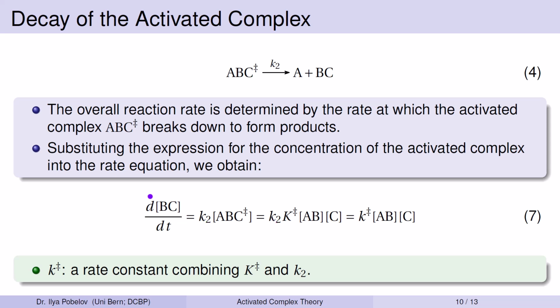So the overall reaction rate becomes small k double dagger times the concentrations of AB and C.